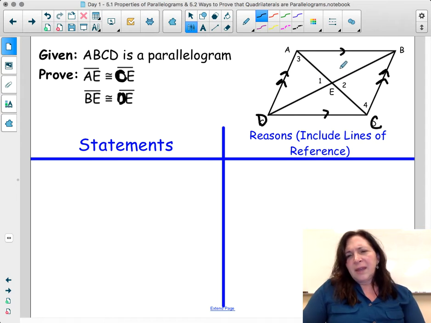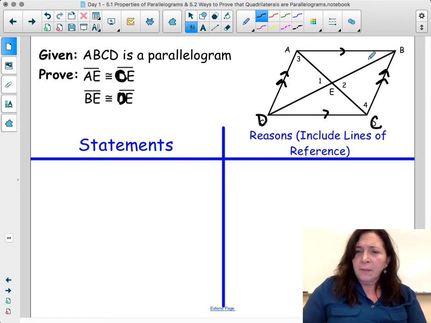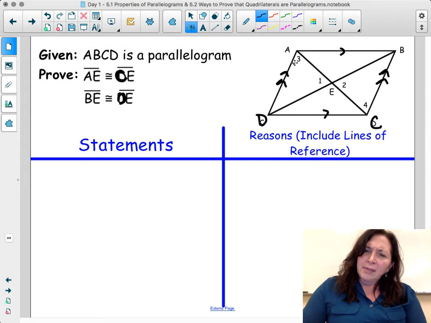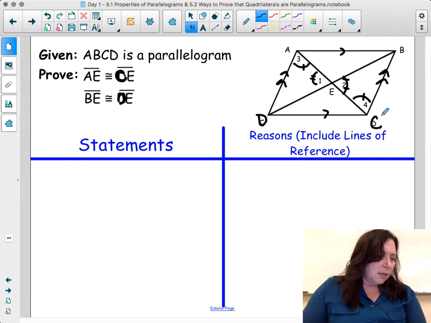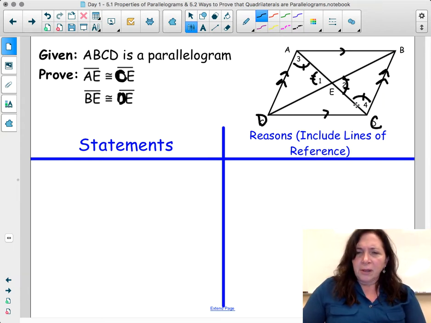So given that you have these angles, you can use alternate interior angles. We could say that angle 3 is congruent to angle 4, okay? We also actually know that angle 1 is congruent to angle 2. Additionally, if this is a parallelogram, then you also know that one pair of opposite sides are congruent and parallel.